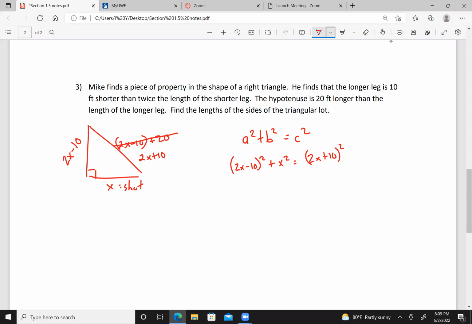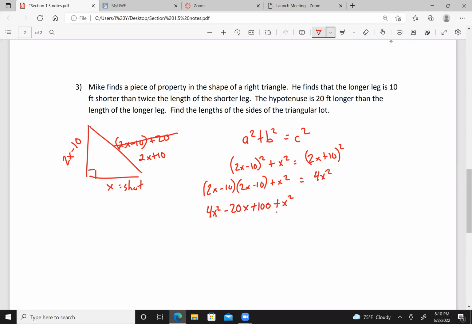Keep that in mind. So let's break this down as 2x minus 10 times 2x minus 10 plus x squared. And let's just stay over here for now. FOILing, we get first times first, which is 4x squared, inner times outer, minus 20x, last times last, plus 100, plus x squared. There's where it is right there. Found it.